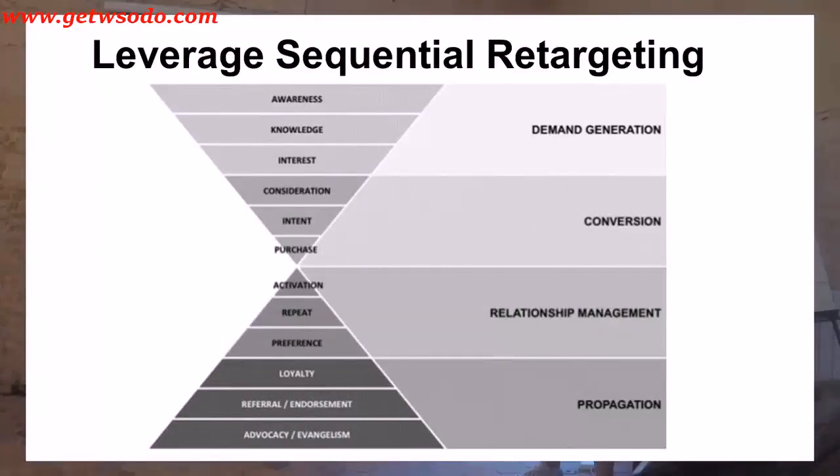Okay, but the bigger thing is that, at least when I've asked franchisees about retargeting, what they do generally is if someone comes to one of our front-end offers, we retarget them with the same front-end offer, with the same calls to action and the same ads.